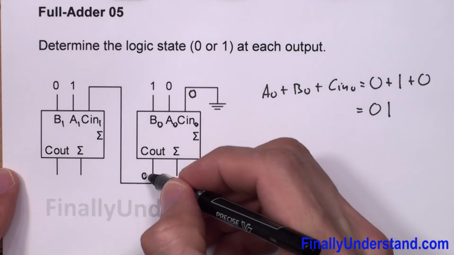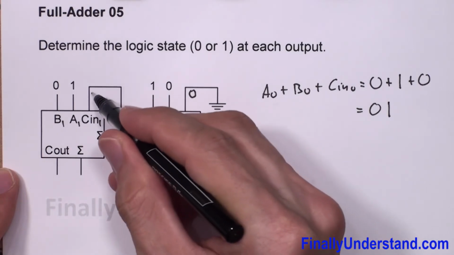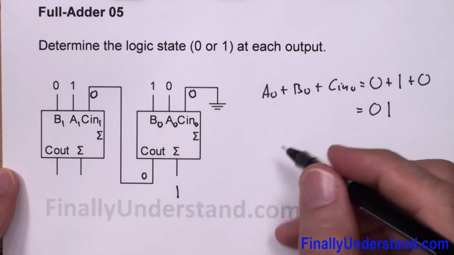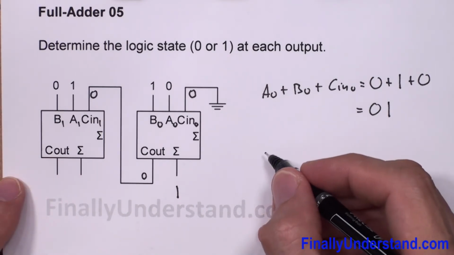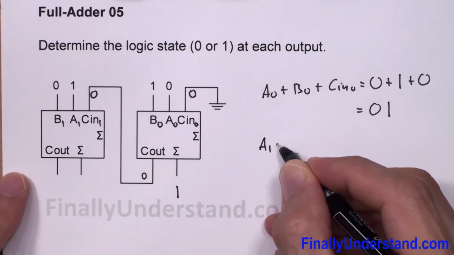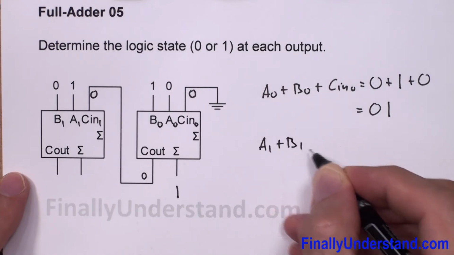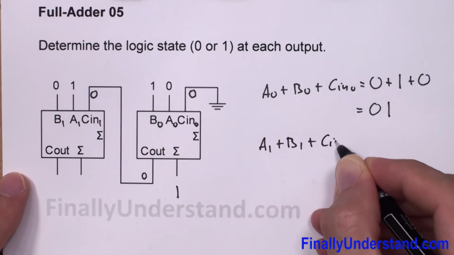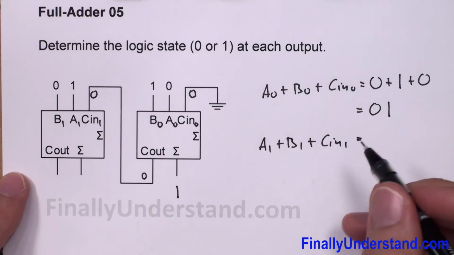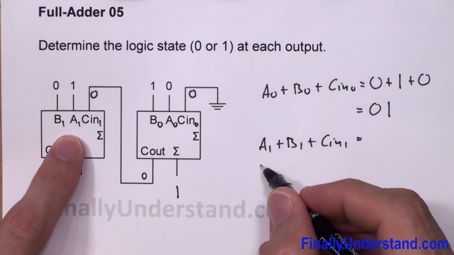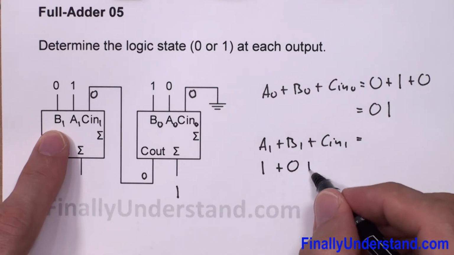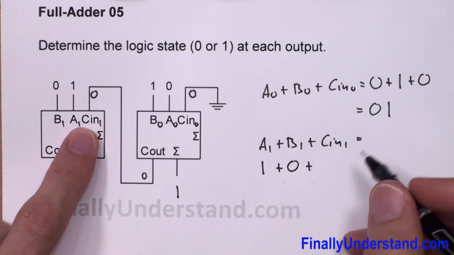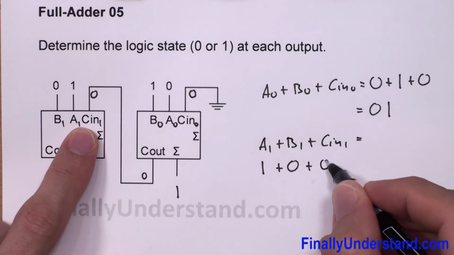So this 0 is going to go over here, and again I'm supposed to write the formula for the second adder, and I have A1 plus B1 plus carry in 1. This is equal to A1 which is 1, plus B1 which is 0, plus carry in which is 0.